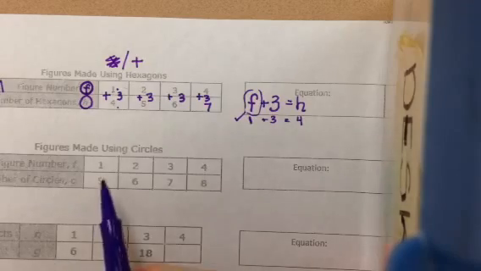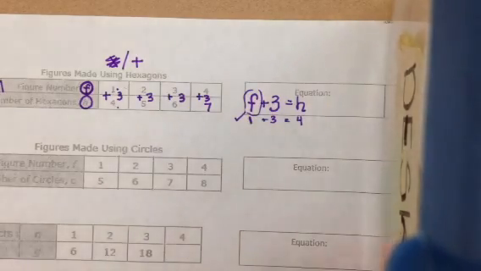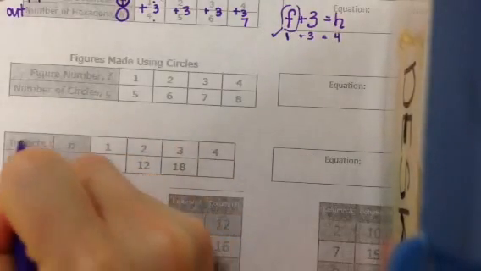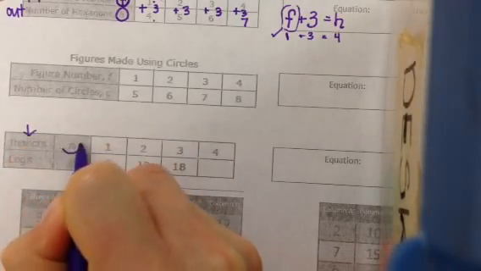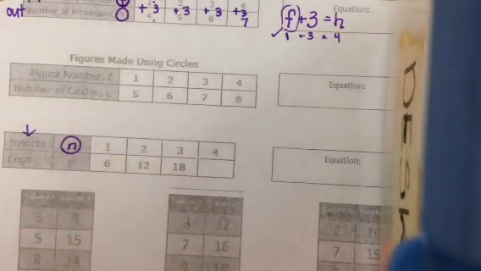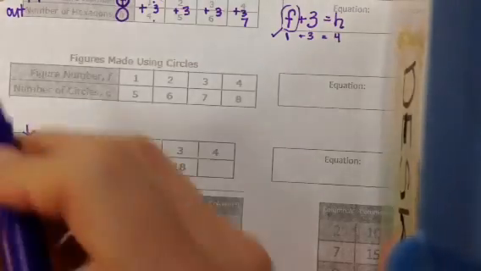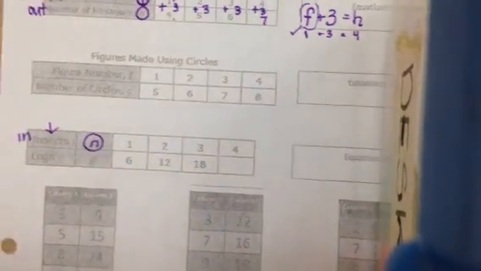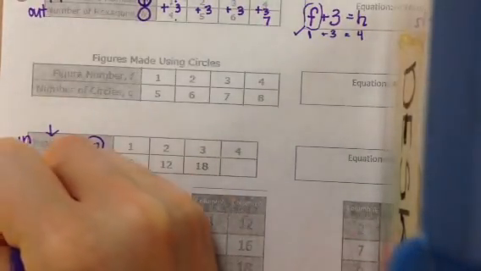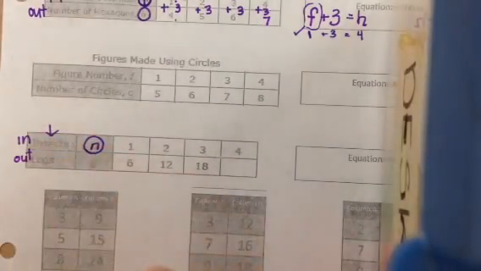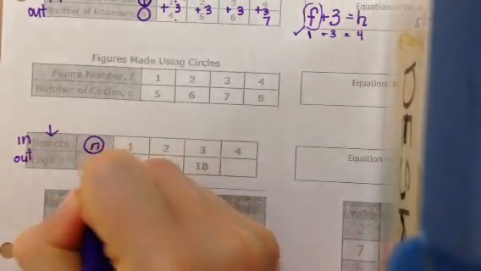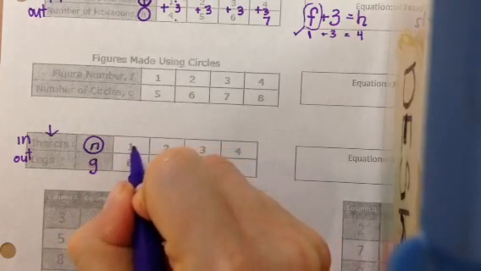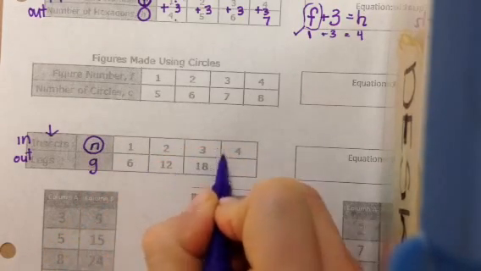Let's go down to the third one. My input represents the insects, and the letter to represent my input is an N. Sorry, sometimes it's hard to see. And my output is the number of legs that the insects have, and that's the letter G. So let's see, I'm increasing from 1 to 6, from 2 to 12, from 3 to 18.